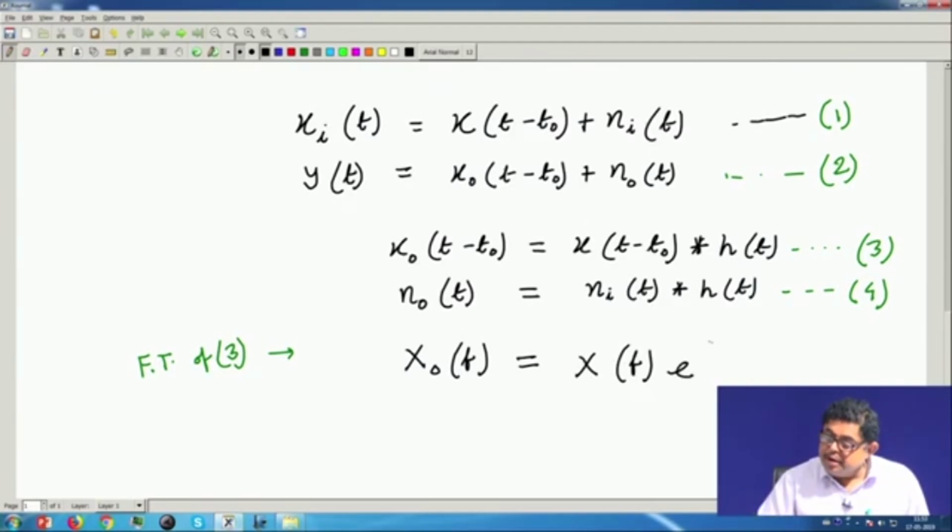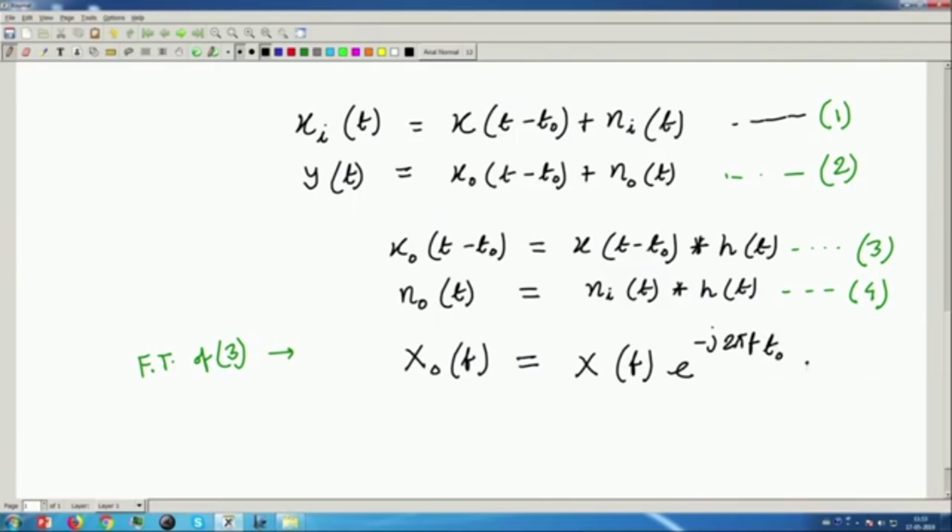e to the power minus j 2 pi f t_0, then H(f). h(t) has Fourier transform H(f).